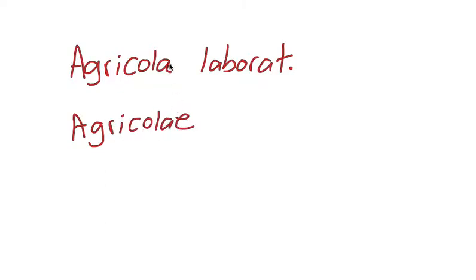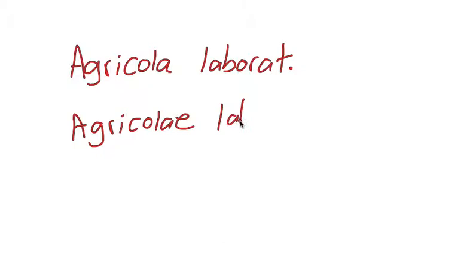Let's do a couple of plural examples now. Okay, so we had agricola laborat. Now we're going to change this to the plural. So agricolae, and since I have my subject, I changed that from nominative singular to nominative plural.